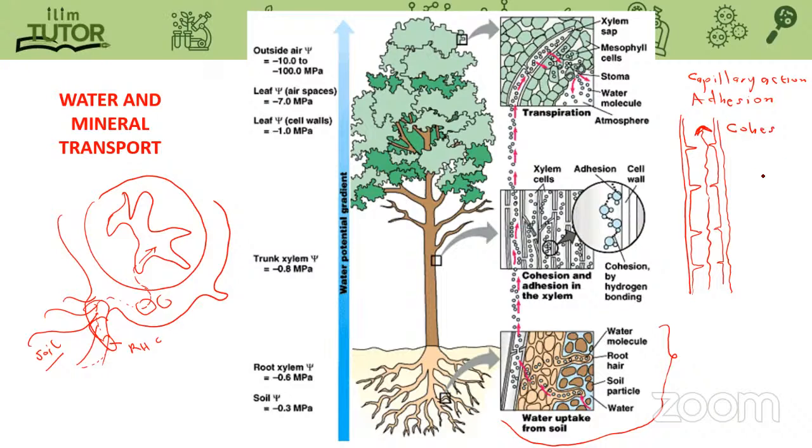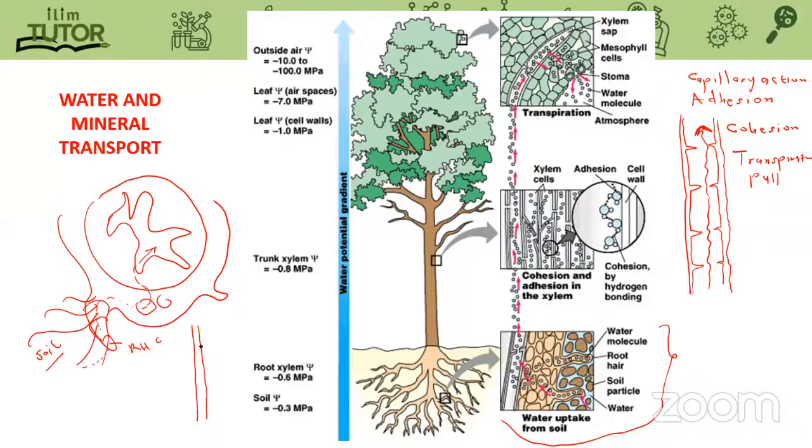So let's start with capillary action. The capillary action has to do with the fact that the narrow diameter of the xylem vessel causes water to quickly rise up the xylem vessels.